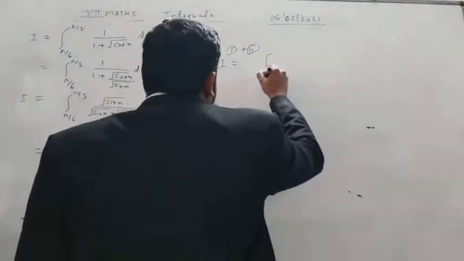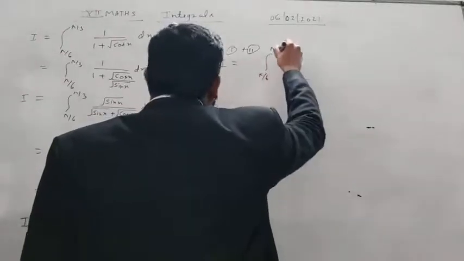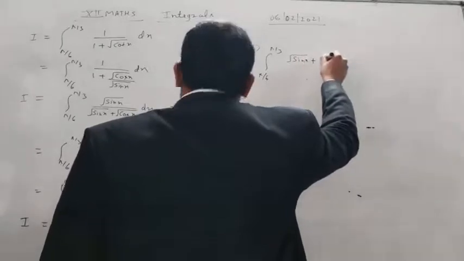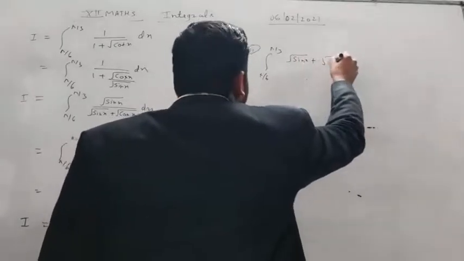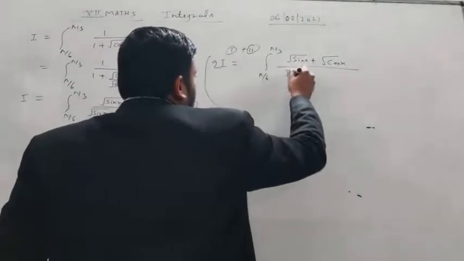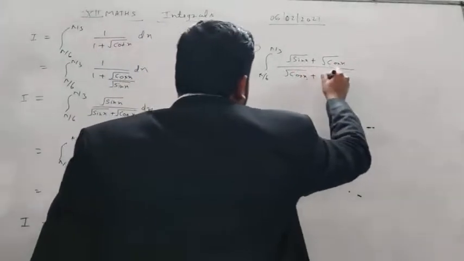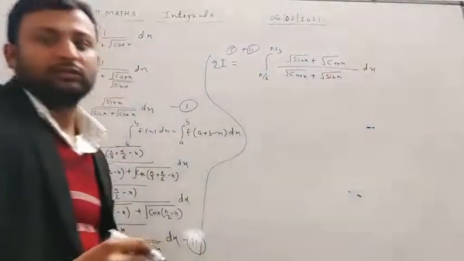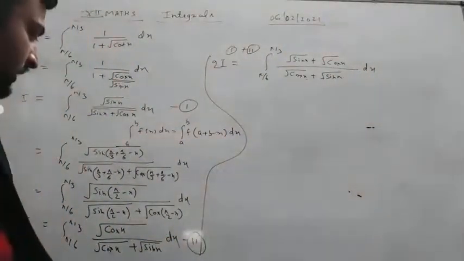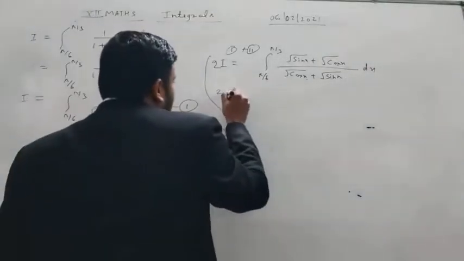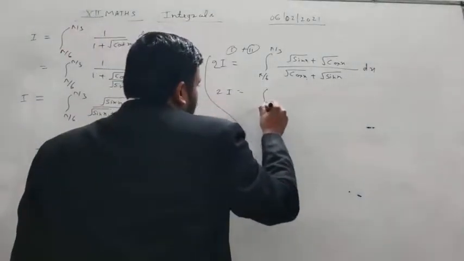So from pi by 6 to pi by 3, our numerator is root sin x plus root cos x, and the denominator is root cos x plus root sin x dx.